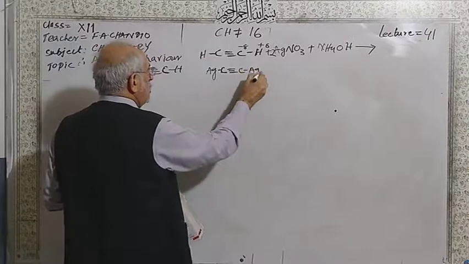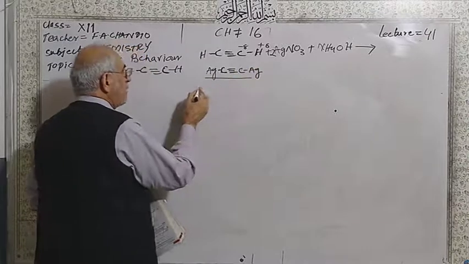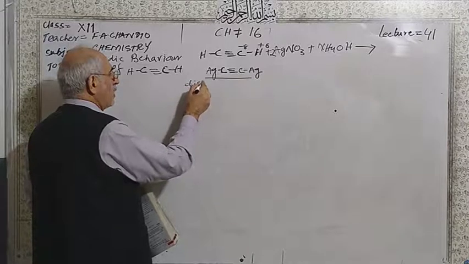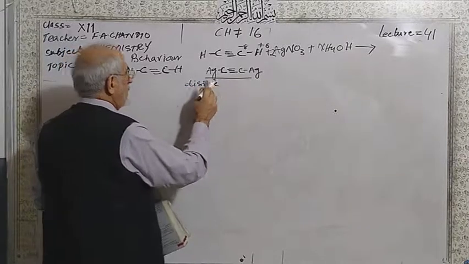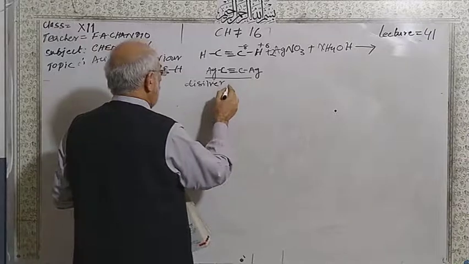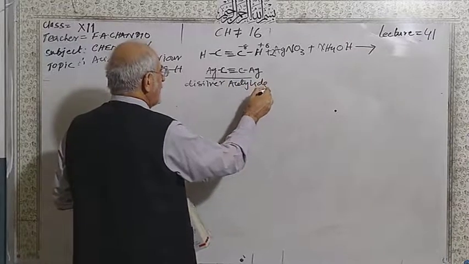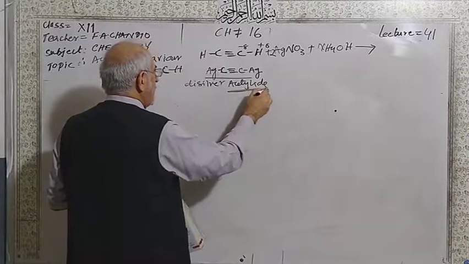Like this one. This is called disilver acetylide. You will get acetylide, propyl acetylide.